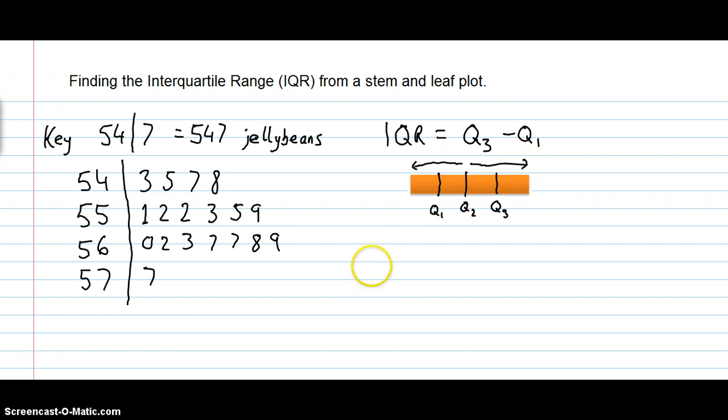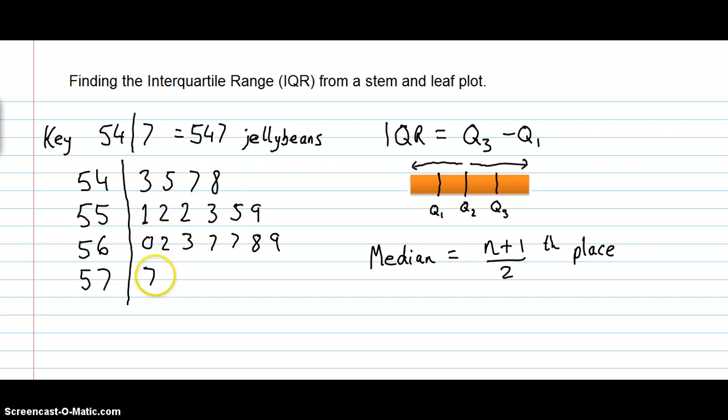Okay, to find the median of a set of data, we use this equation. The median will be the n plus 1 over 2 place in the data. So n is the number of scores or number of pieces of data that we have. We find the number of pieces of data in this stem and leaf plot by just counting the leaves.